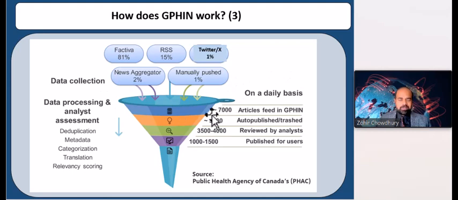So you can see in here like a funnel that all of the information comes in, and then you have a data processing or analysis or assessment portion where you isolate all of the inputted data or articles, and you start isolating things that are not useful versus things that are useful, and this is reviewed by the analyst and then published to the users for communication purposes.